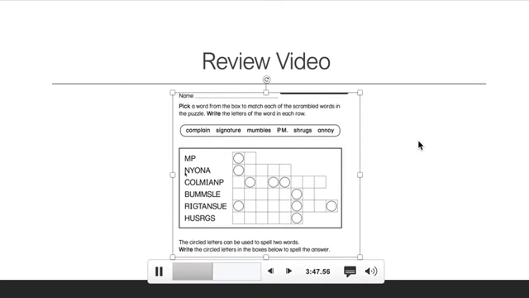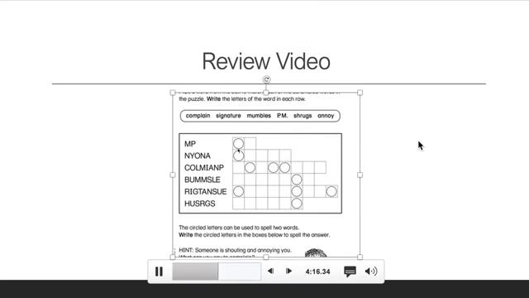Actually, Y. Y is not commonly used. So I would look for a word with Y. And there's only one. And it's got A-N-N-O-Y. So then you're going to write the word A-N-N-O-Y right here. Use that strategy to get through the rest of these.